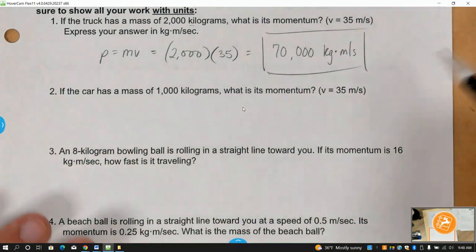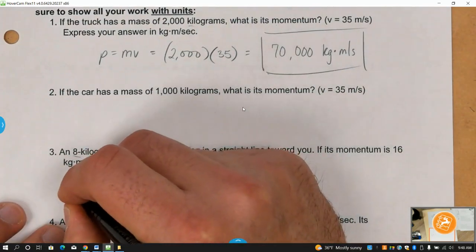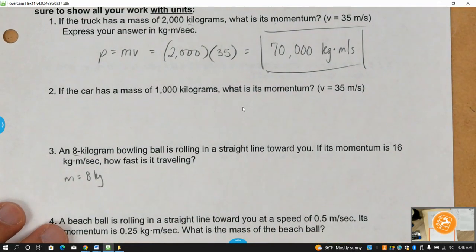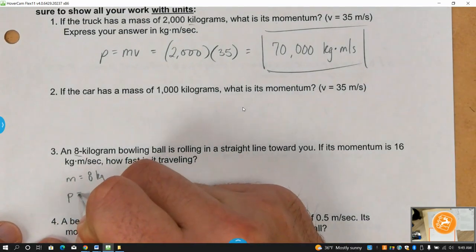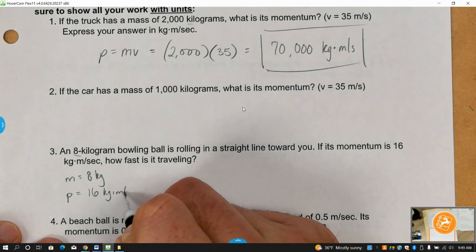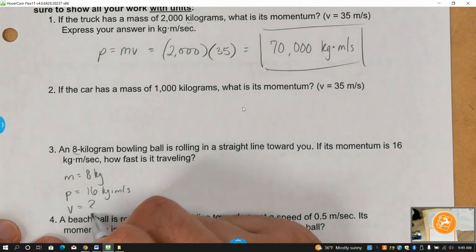So in number 3, you have an 8-kilogram bowling ball moving in a straight line towards you. If its momentum is 16 kg meters per second, how fast is it traveling?